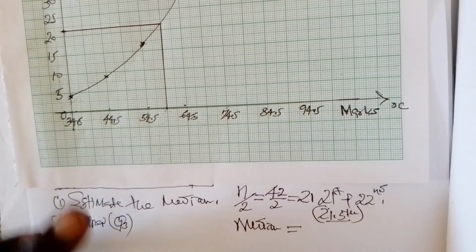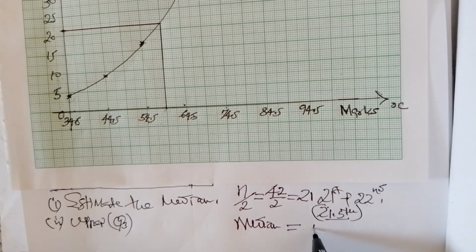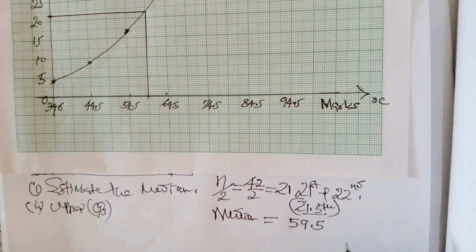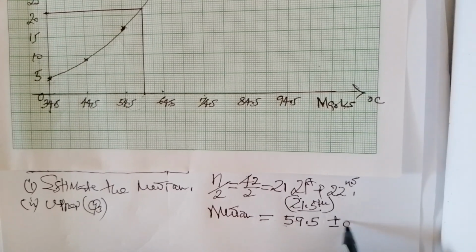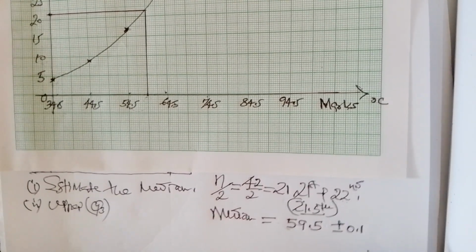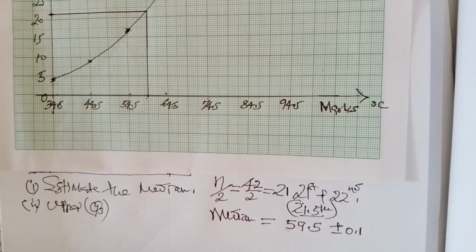When we read this value, it will be approximately equal to 59.5 marks. Normally, your level of accuracy should be plus or minus 0.1, according to the level of accuracy that the examiner will give in this particular case.